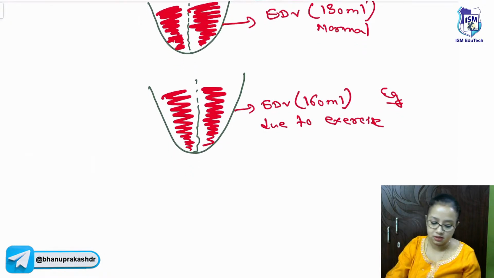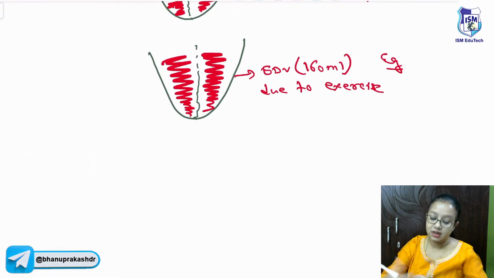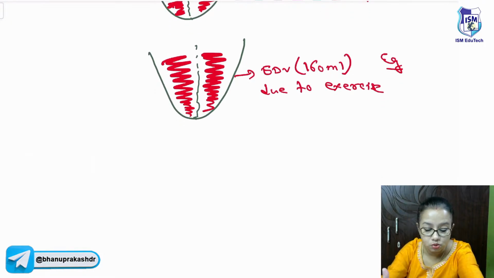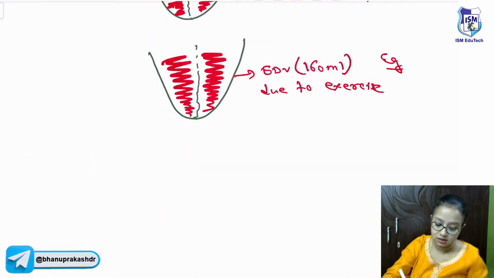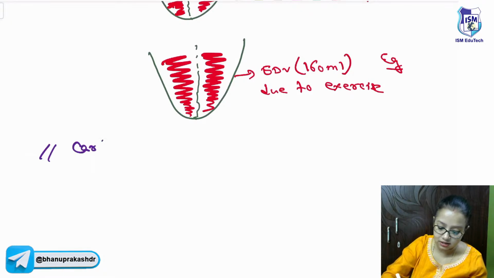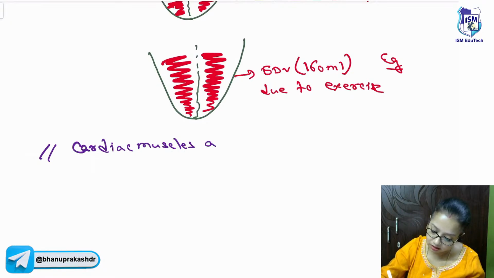Now, what will happen? Now, the end diastolic volume is more. What is cardiac muscle? Cardiac muscles are stretchable.